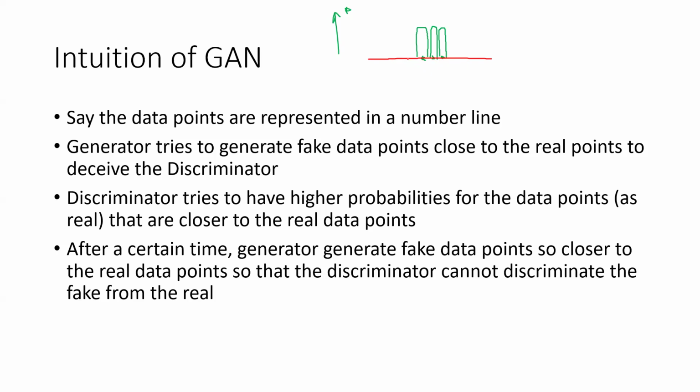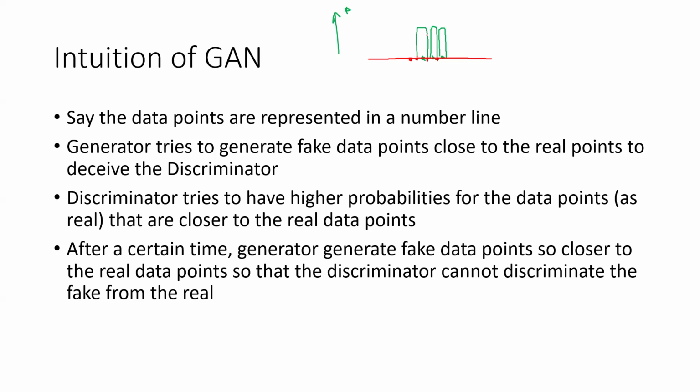So it will try to move the generated data points near the real data points, right? Then what happens is, with time, the discriminator would not be able to distinguish between the real data points and the fake data points because they are so close together in the one-dimensional space in this case. So it would fail to discriminate very well.